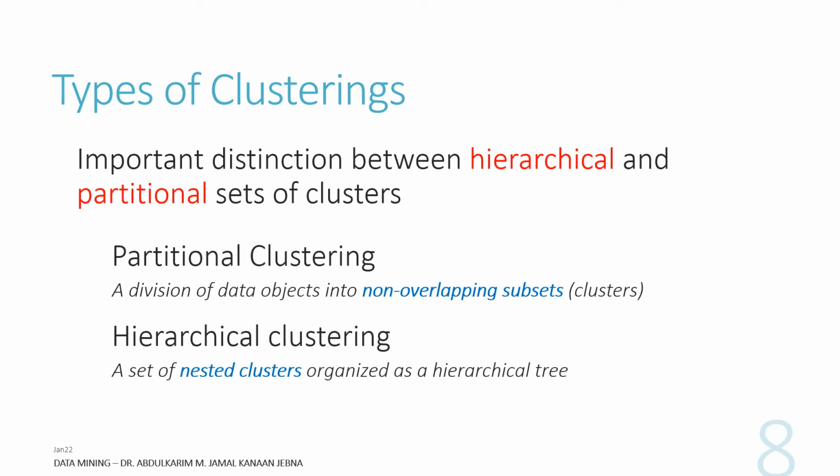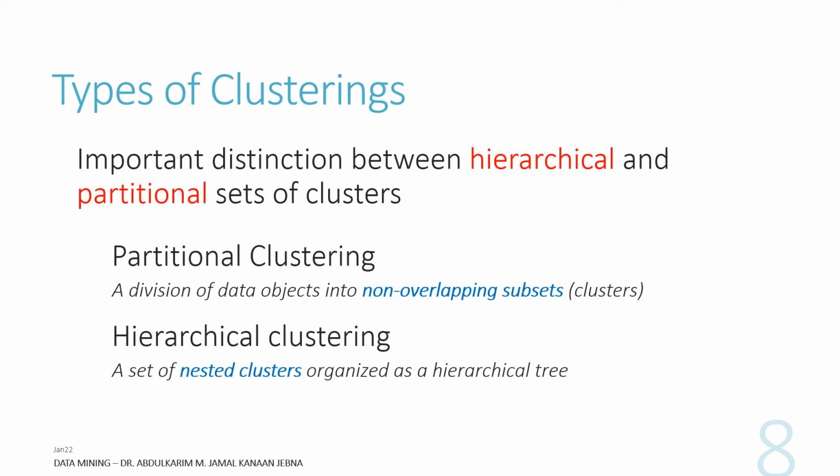Another criterion to differentiate between the types of clusters is whether they apply partitional clustering or hierarchical clustering. Partitional clustering is a division of data objects into non-overlapping subsets. In other words, an object can only belong to a single cluster.